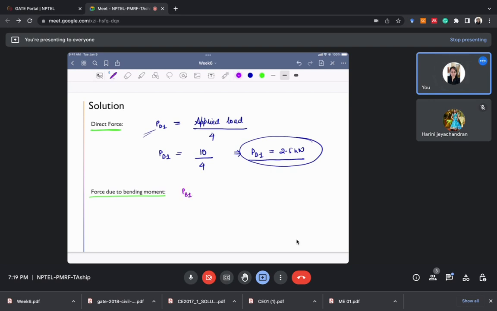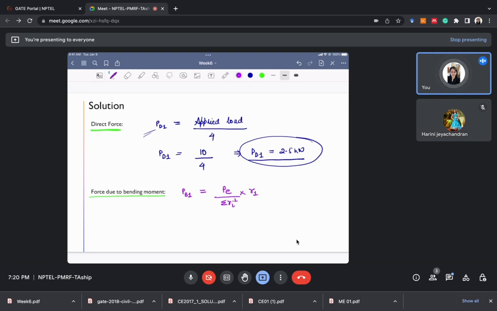It is very similar to the bending formula: stress due to bending moment we calculate like M by I into y. The formula for the force due to bending moment is P into E, that is the moment, divided by the summation of Ri square, into R1.